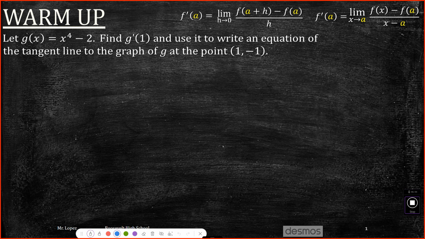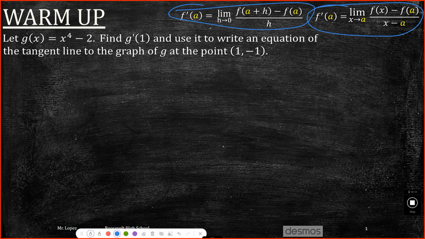Sometimes if we're going to use the definition of the derivative at a point, the algebra involved is harder to get the answer doing it one way than doing it the other way. So which one should we try, the first one or the second one, to find the derivative?